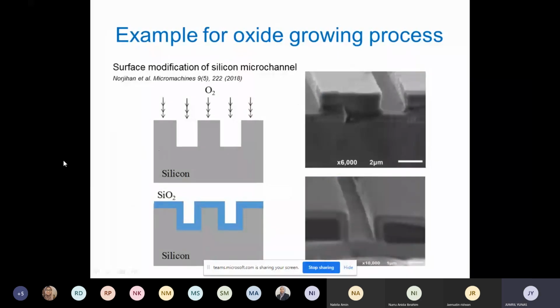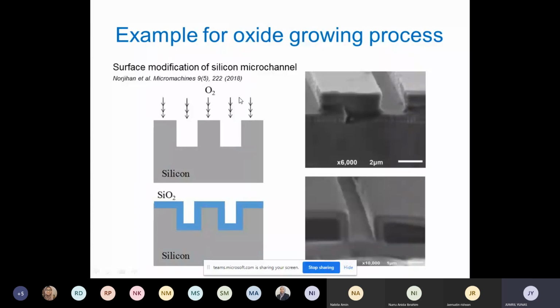This is also an example of the oxide growth process used for surface modification of a silicon microchannel. Here we can see our initial structure has a trench width of about 2 micron.